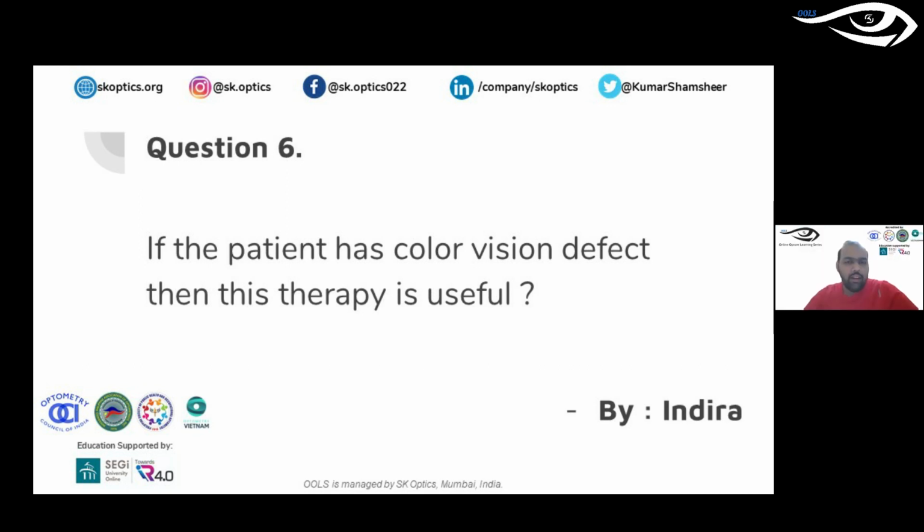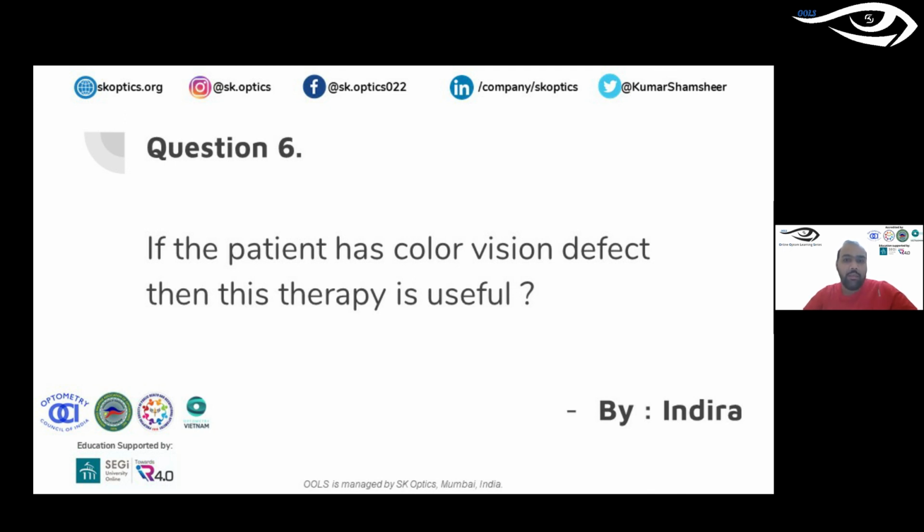Okay. I think I got the question wrong, but I'm just going to keep that question, which is also very important, because you mentioned to treat the underlying cause, whether the cause of amblyopia is keratoconus or any other condition. You did mention to give the best corrected VA first and then start treating. But the case that was asked, sorry, I misread it.